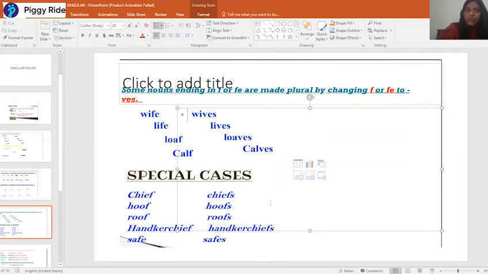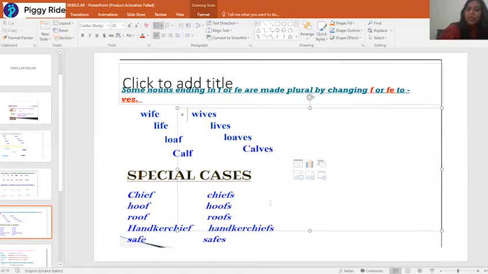Now let me take you to the next example, which is ROOF. We change it to ROOFS. Okay? And then HANDKERCHIEF. We make it HANDKERCHIEFS.